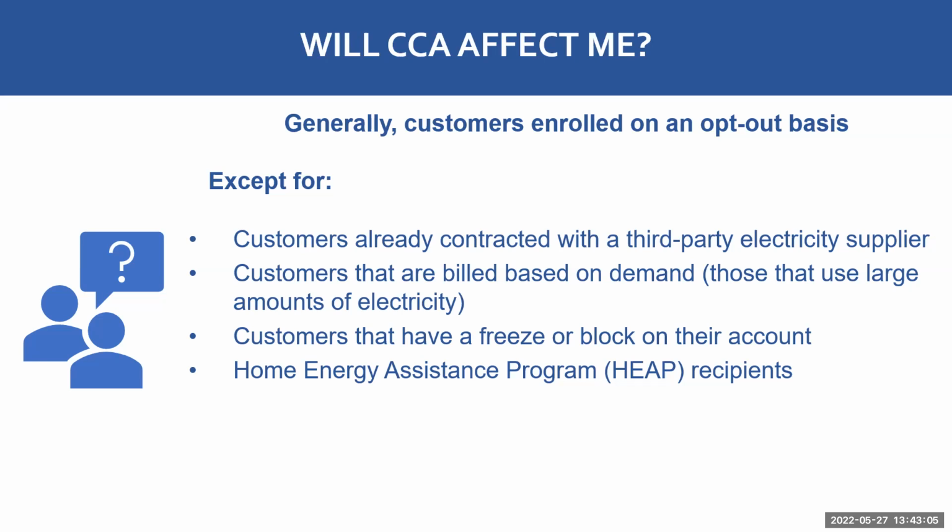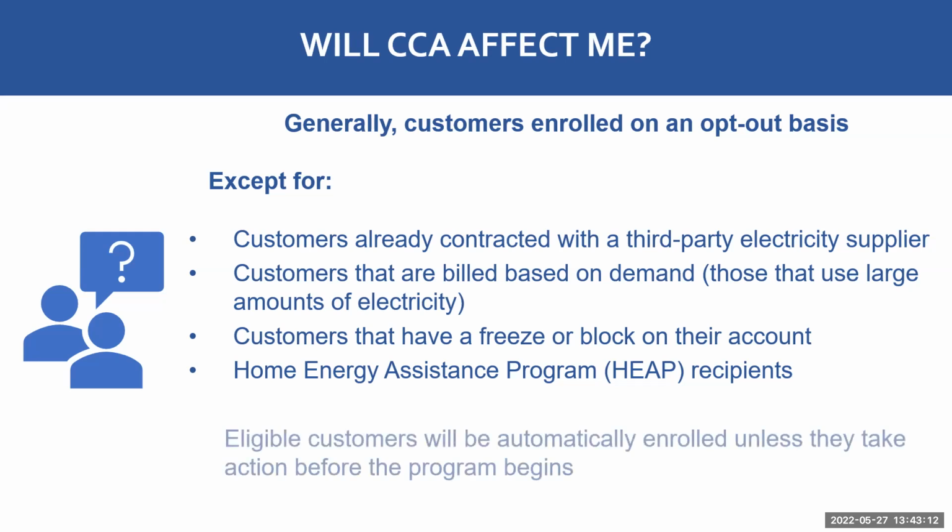And then home energy assistance program recipients, or HEAP recipients, are also not automatically included. But everyone else is automatically included to enroll unless they take action before the program begins. So we will have opportunities to change your enrollment or opt out of the program before it ever begins. But if you take no action, you will just become part of the new default and join the community in this new program.